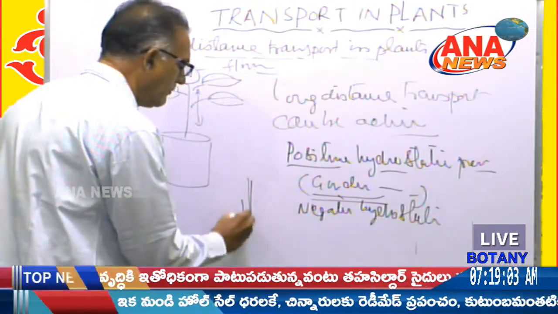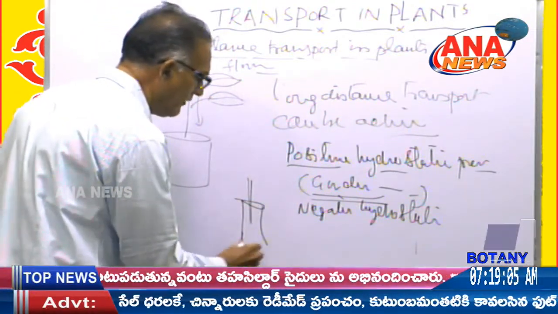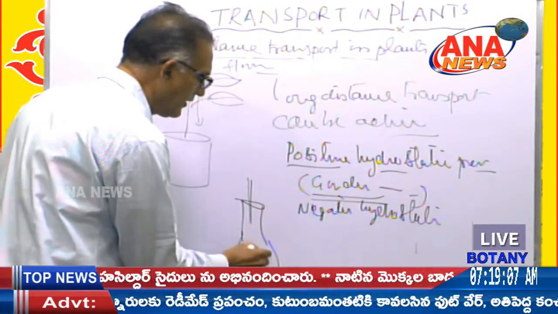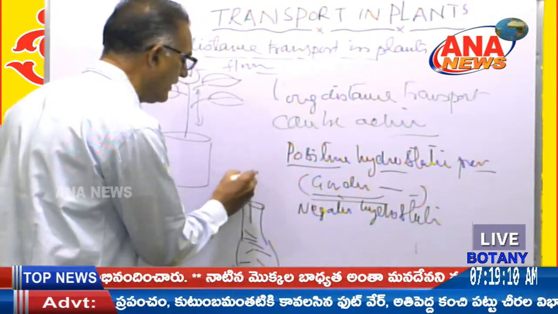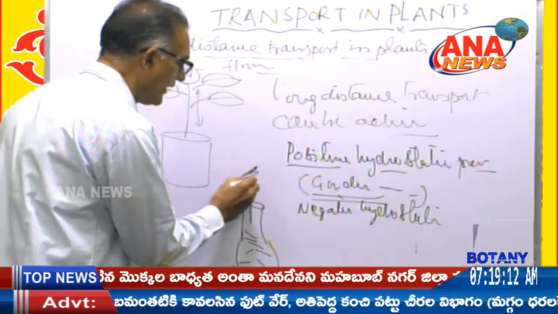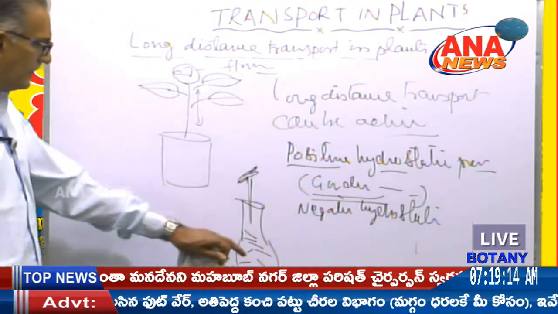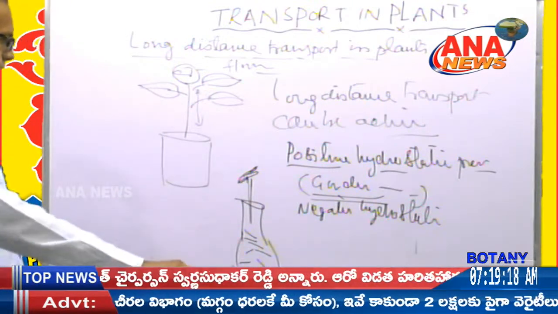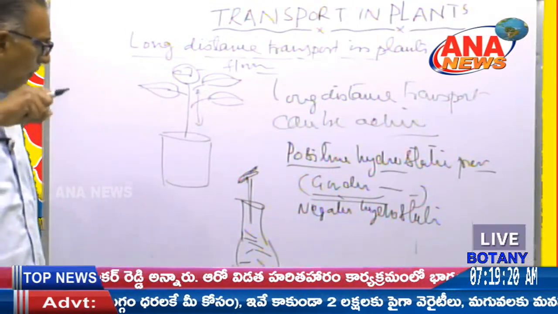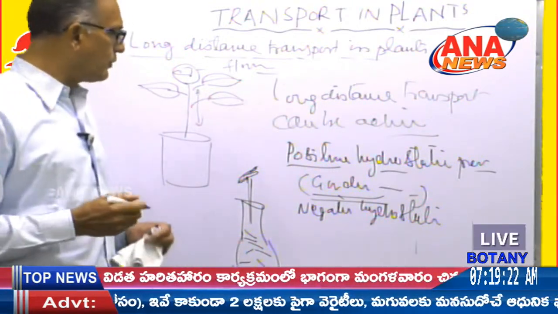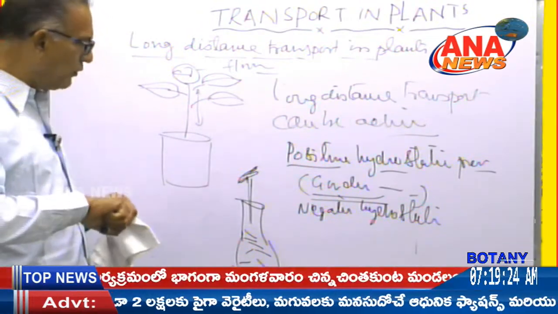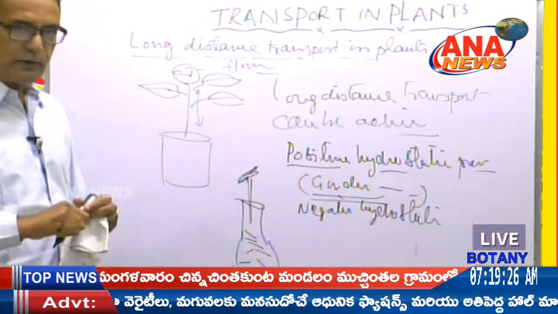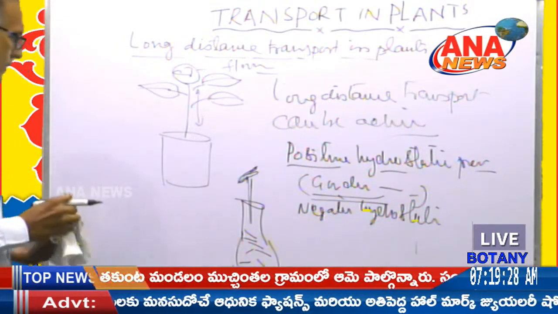So by using a straw, when we suck the fluids, this is the suction pressure. We use negative hydrostatic pressure to suck the water. So the long distance transport can be achieved by positive and negative hydrostatic pressure.